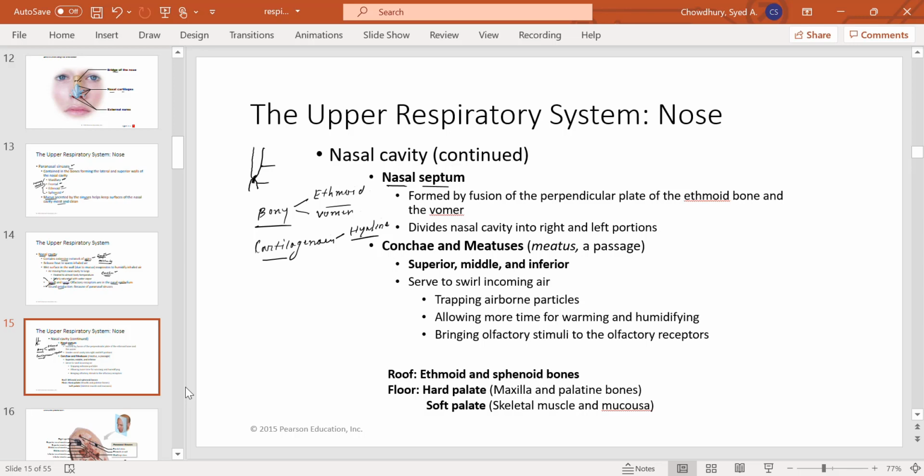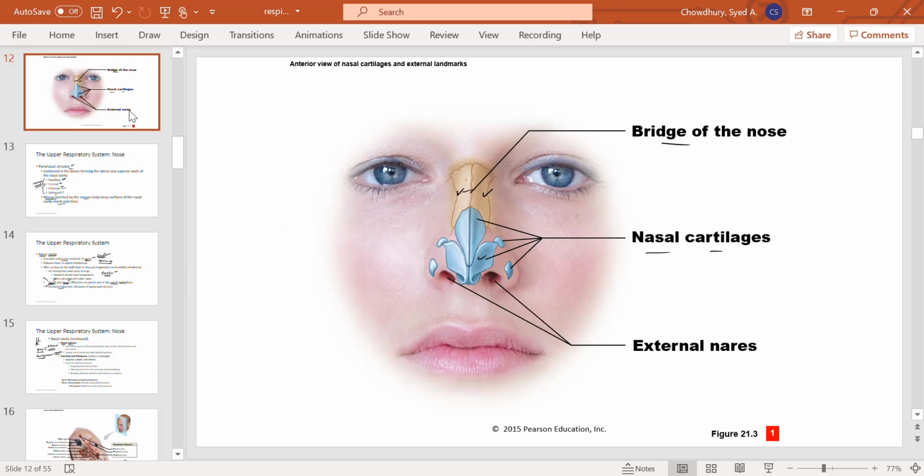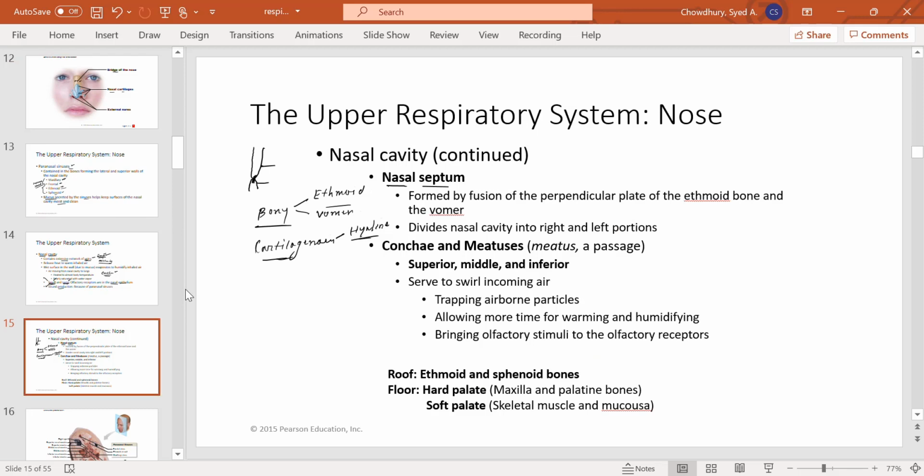Okay, so the septum has hyaline, but in the external nose you have pieces of elastic cartilages that I showed you before right here. These are elastic cartilages. But inside the nose you have the partition or septum, which is hyaline.